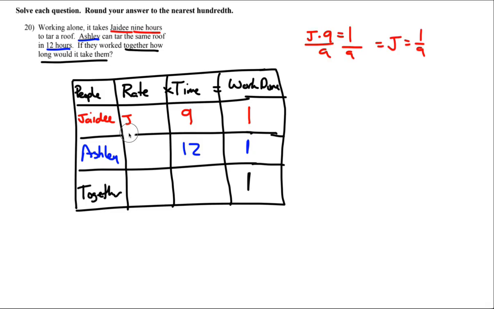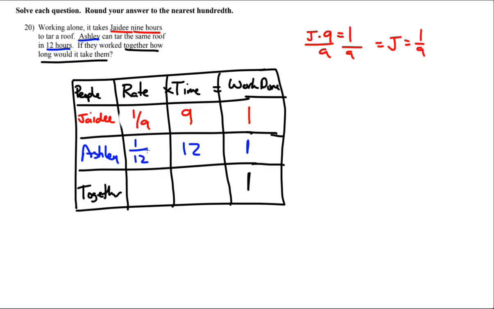If JD can do a roof in 9 hours, then every hour JD does 1/9 of a roof. For the same reason, the same calculation, Ashley does 1/12 of a roof every hour.